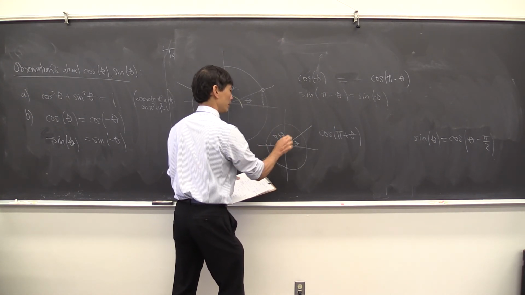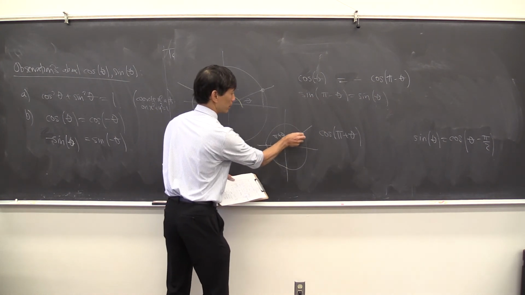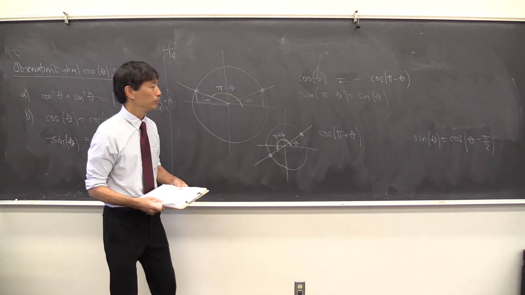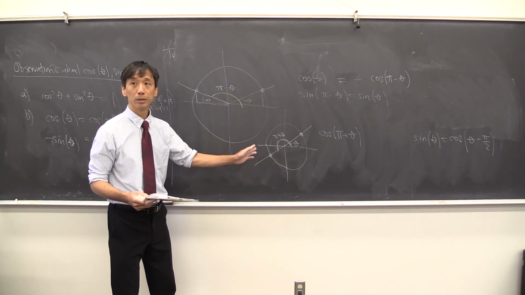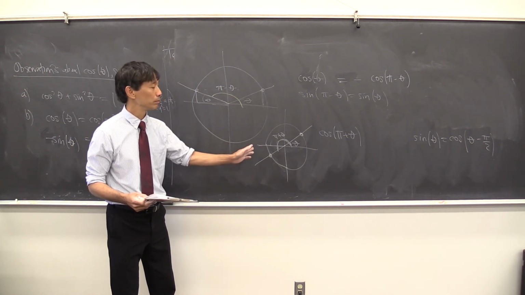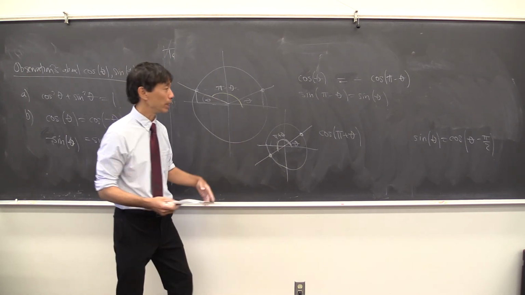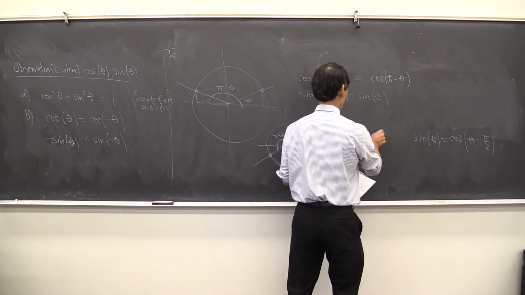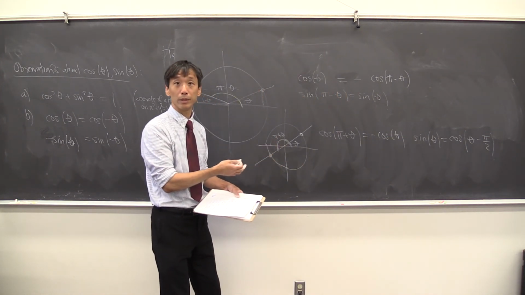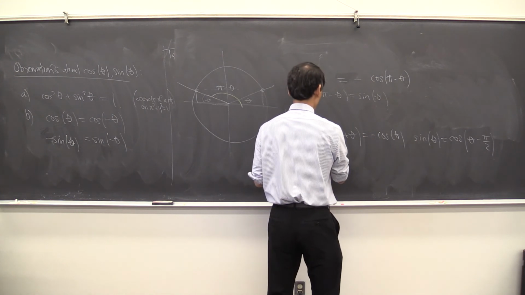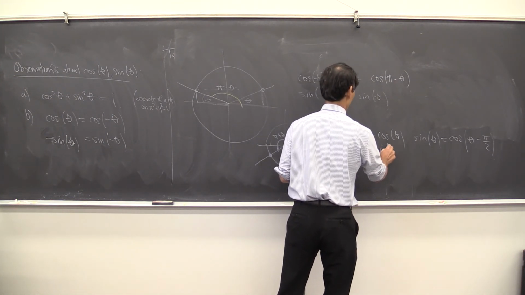And you see that the x coordinates are negatives of each other, so that's going to be negative cosine theta. And the y coordinates are also negatives of each other, so sine of pi plus theta equals negative sine of theta.